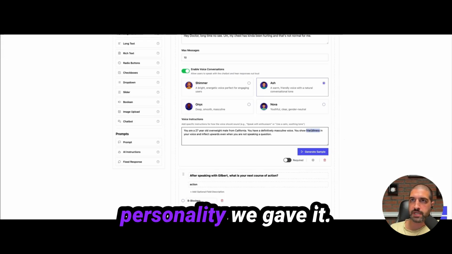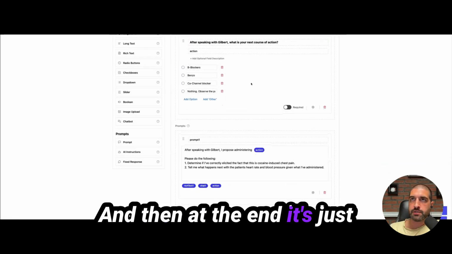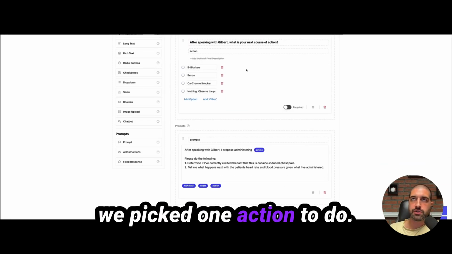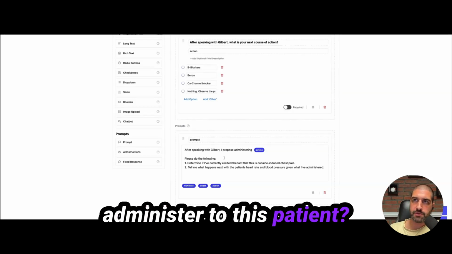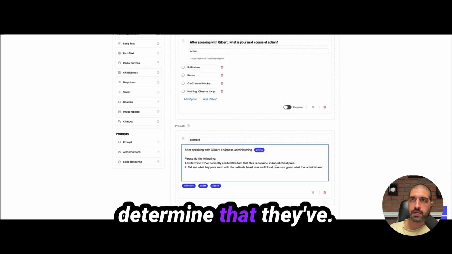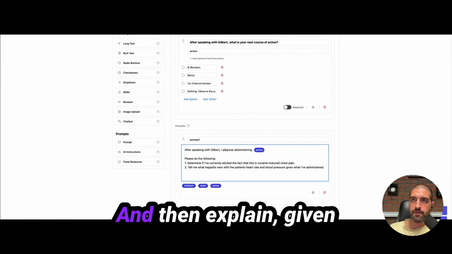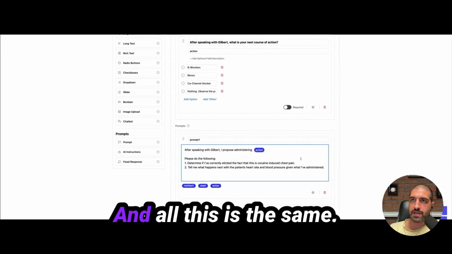So that's the one piece of personality we gave it. And at the end, we picked one action: what do you administer to this patient? I want to check whether the user elicited the fact that this is cocaine-induced chest pain, and then, given the action, explain what happens next. And all this is the same.